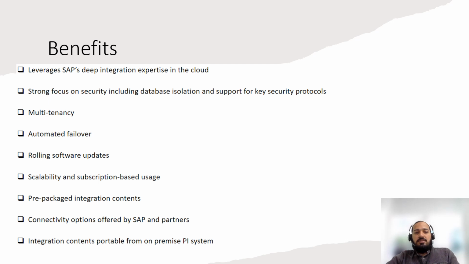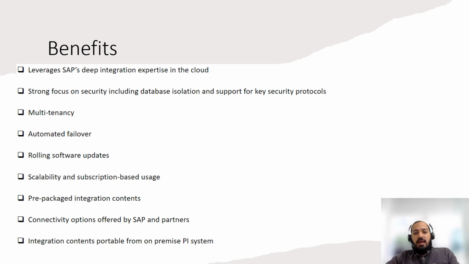Now, how does it benefit us? It leverages SAP's deep integration expertise in cloud. It is focused on security, isolates the database and supports key security protocols. It is multi-tenant, and it has failover. It has software updates regularly.